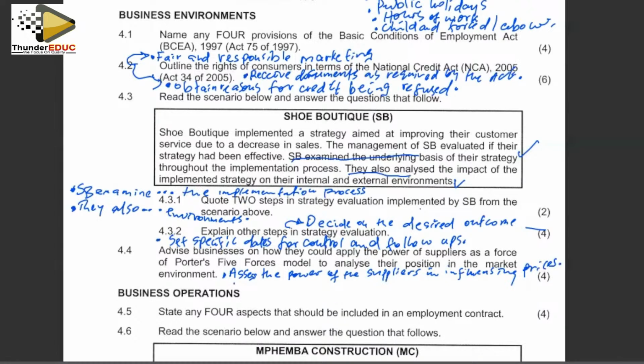And also, we must check that the more powerful the supplier, the less control the business has over them.